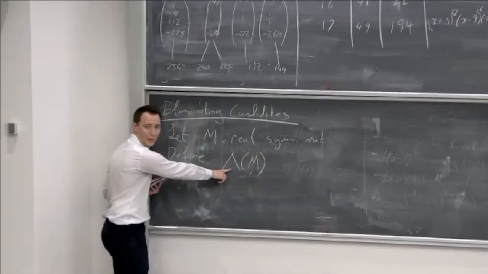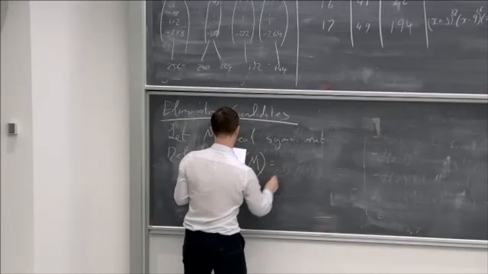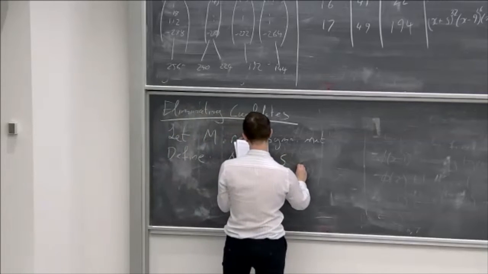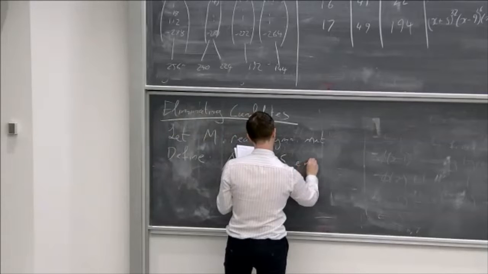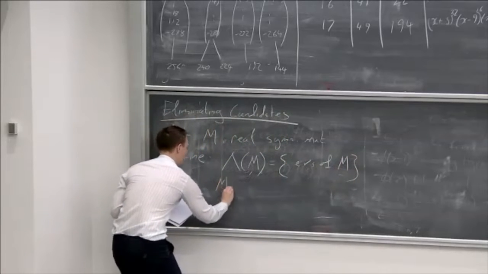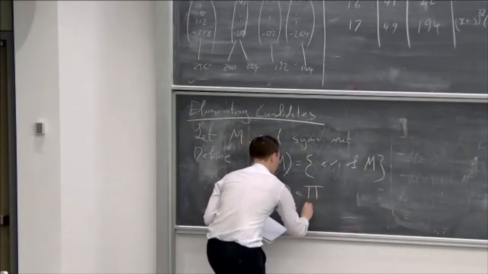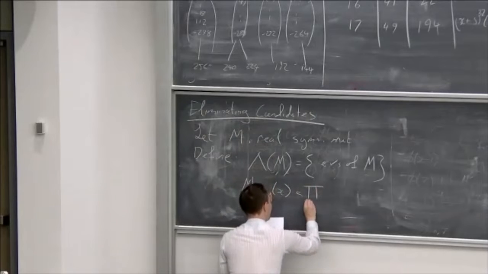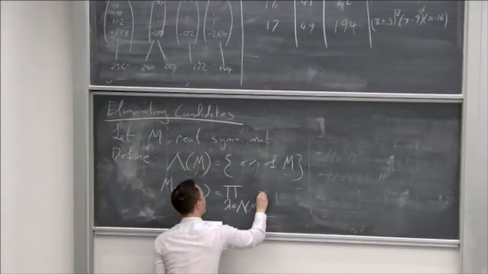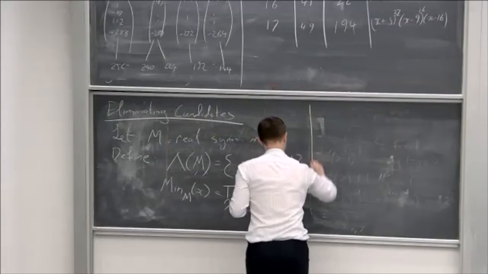Here I'm using capital lambda of M, and that's going to be just the eigenvalues of M, the set of eigenvalues without multiplicity. And I'll define the minimal polynomial of M to just be the product, just to solidify this notation a bit, over lambda in capital lambda of M of x minus lambda, and then a few more definitions.